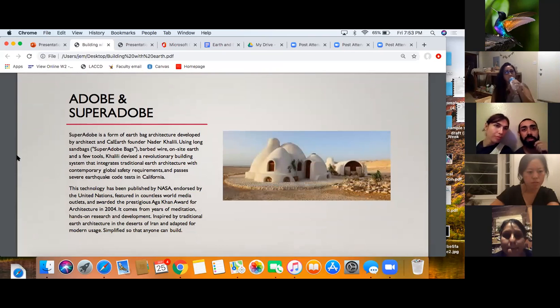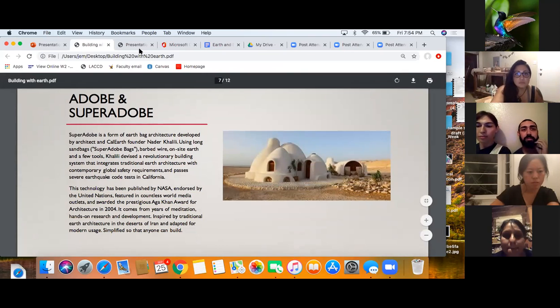The other material that's used in Superadobe specifically is barbed wire. And the barbed wire creates the tensile strength. Earth works very well in compression. So the arch is compressed by the gravity.